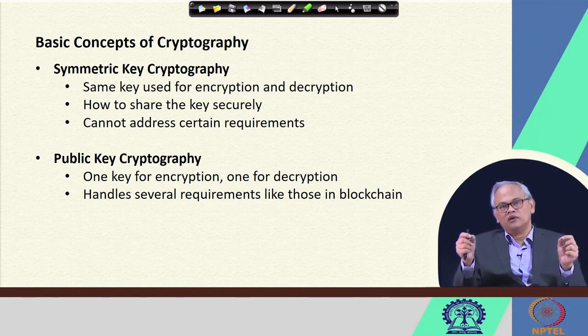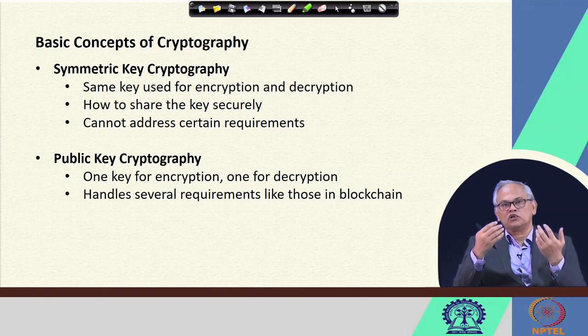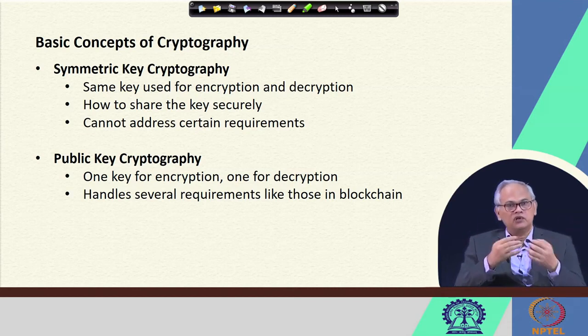So, the terms that we have so far used: one is plain text, which is the message that is to be sent from A to B. We have this notion of cryptography. So, the first step is that for A to send it to B, instead of sending the plain text, A will encrypt the plain text to generate a cipher text.